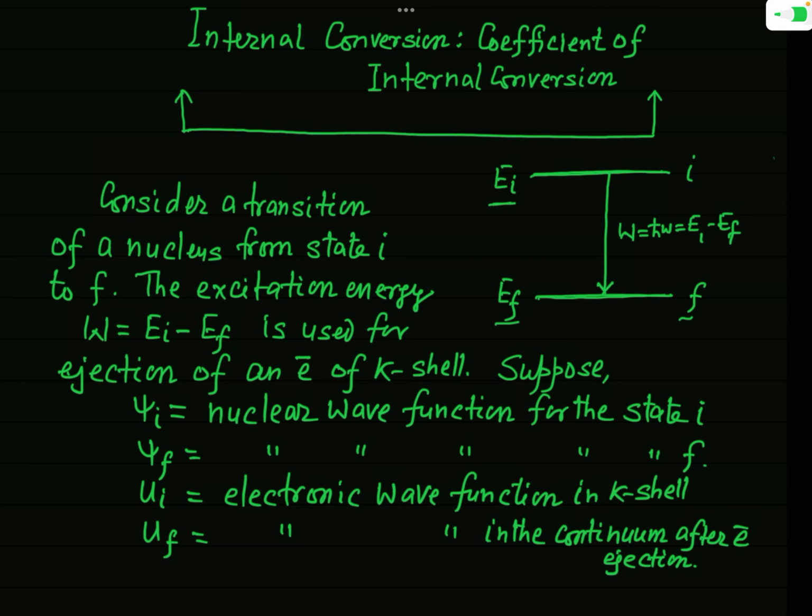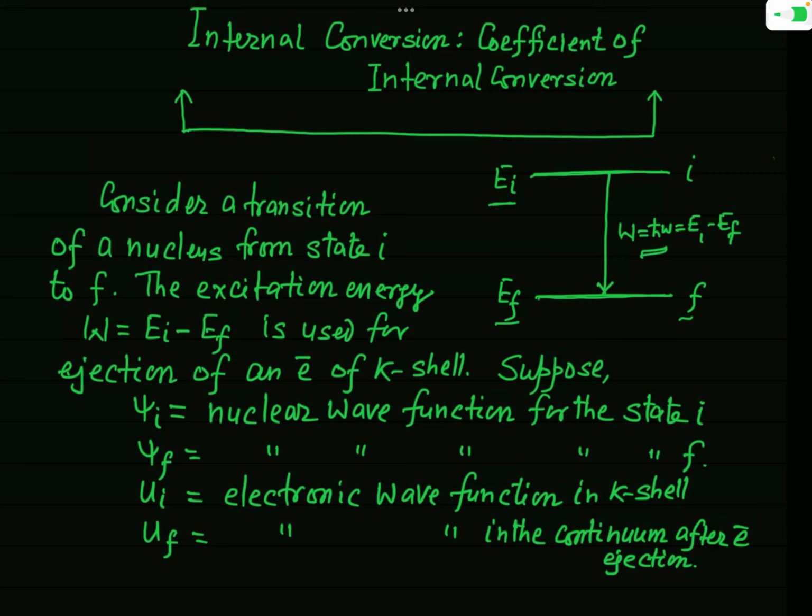The electron which gains this energy gets ejected if the excitation energy is greater than the binding energy of the electron present in that shell. So let us consider the process of internal conversion. In the present discussion we will neglect the process of gamma decay, because in this condition gamma decay also takes place, but for the evaluation of the coefficient of internal conversion we simply consider that only internal conversion takes place.